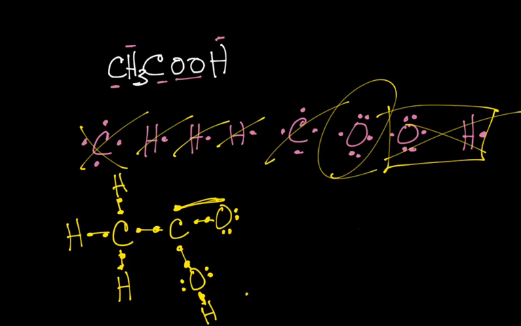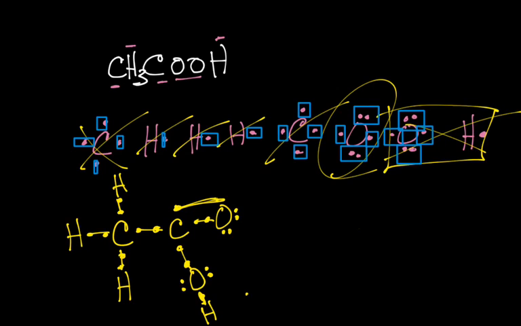And once again, I forgot to count the number of electrons, so let's do that real quick. We have 1, 2, 3, 4, 5, 6, 7, 8, 9, 10, 11, 12, 13, 14, 15, 16, 17, 18, 19, 20, 21, 22, 23, 24 electrons.